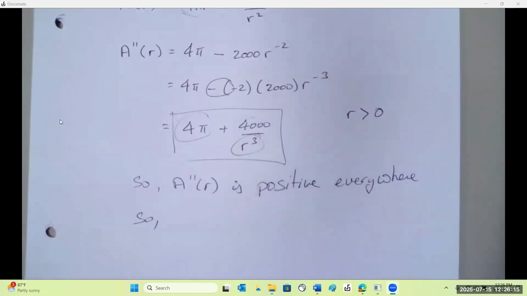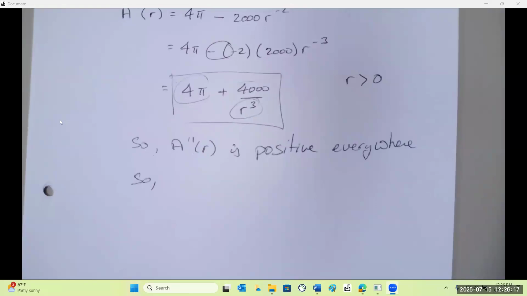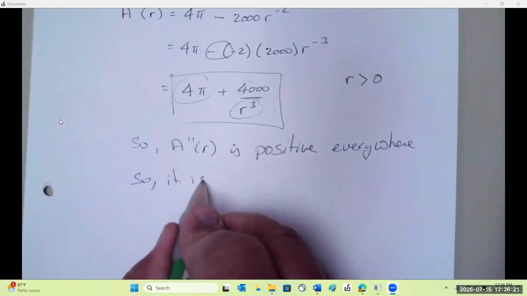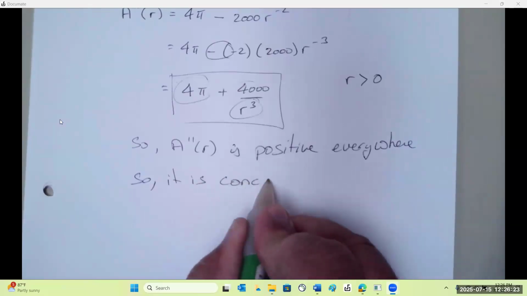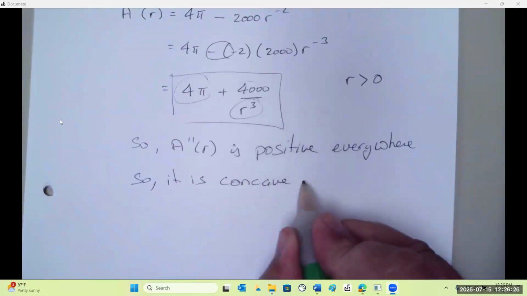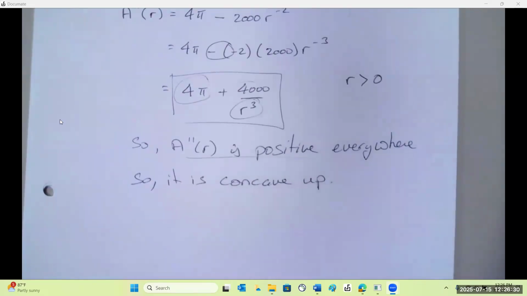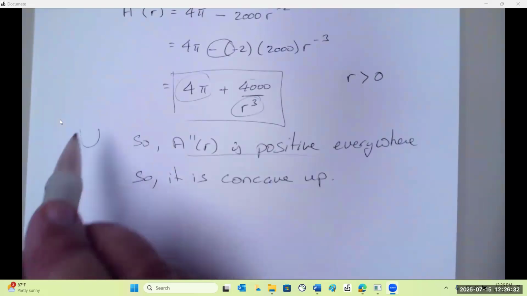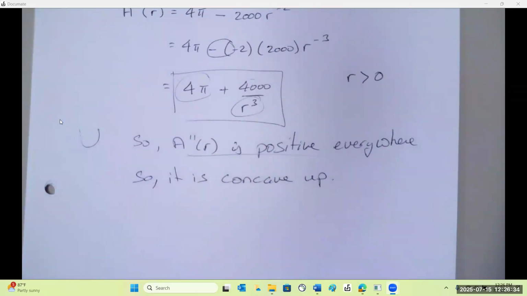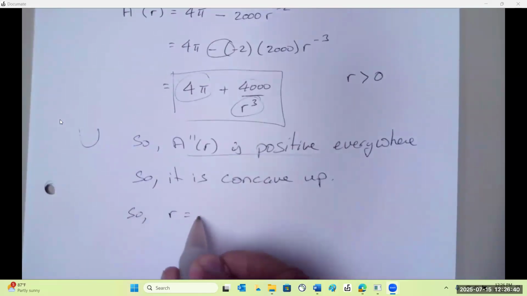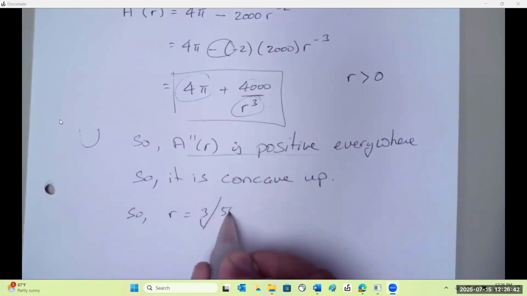So what does that tell us? It is concave what? If the second derivative is positive, it's concave up. So the value at R equals the cube root of 500 over pi, is that what it was? Yeah.